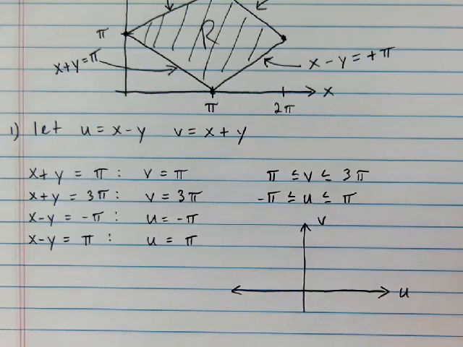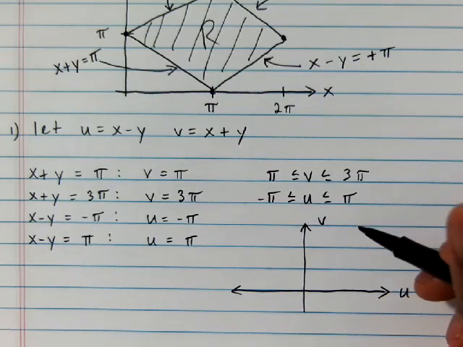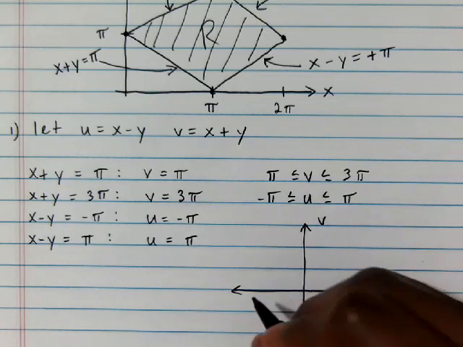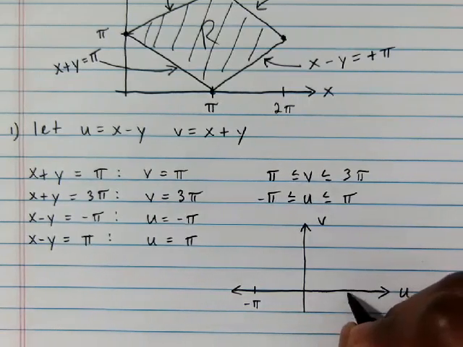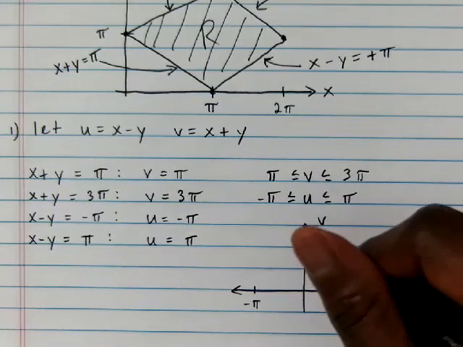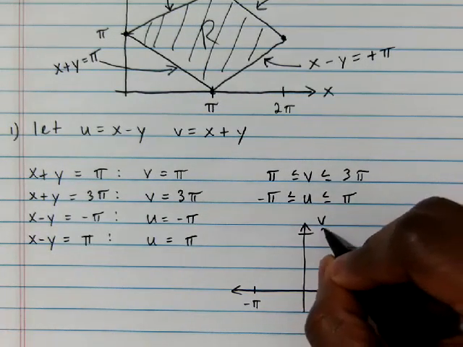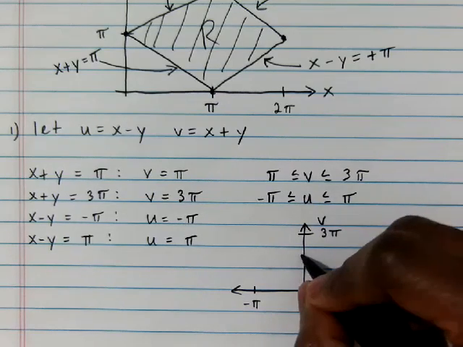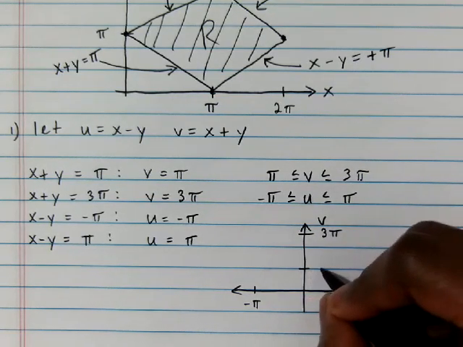It doesn't matter if you don't use this convention, because when you set up your integral, everything's still going to be aligned fine. You'll get your answer correct regardless. So we're going from negative pi to pi here. My scale is going to be off again. And we're going from pi to 3 pi, so we'll put 3 pi right here, and pi right here.